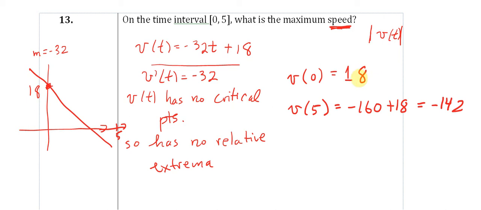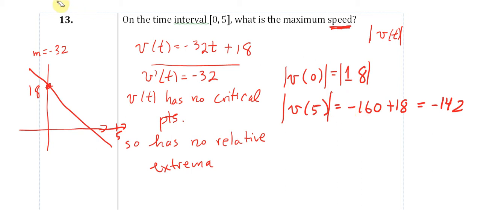Well, velocity has a maximum here at v of 0, 18, and it has a minimum on this interval at negative 142. But remember that we're talking about speed. So speed is always positive, and it's the magnitude of velocity, or the absolute value of velocity. So if we take a look at speed, we have to take the absolute value of these results.